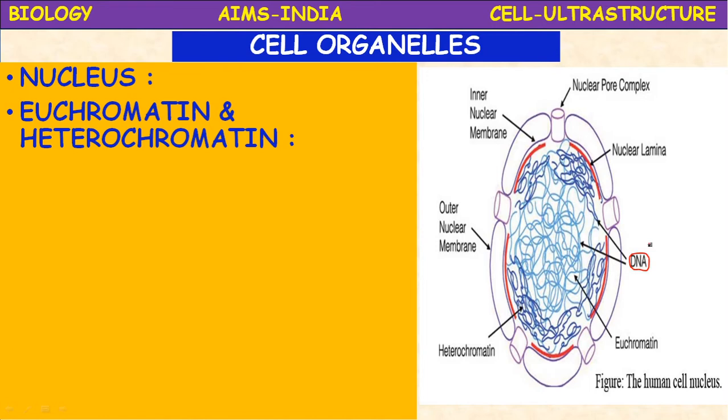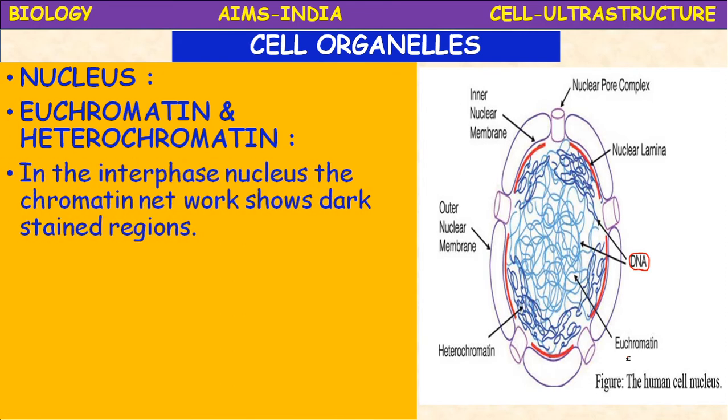This DNA is the actual vehicle of heredity. It is present in the genes. So we are discussing the microscopic structure of chromatin inside the nucleus. Euchromatin and heterochromatin.